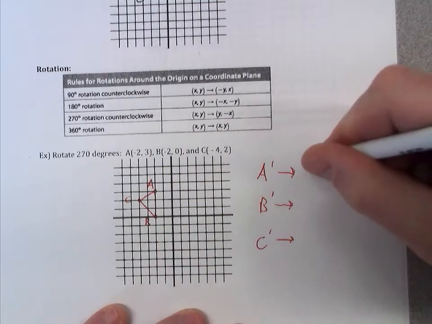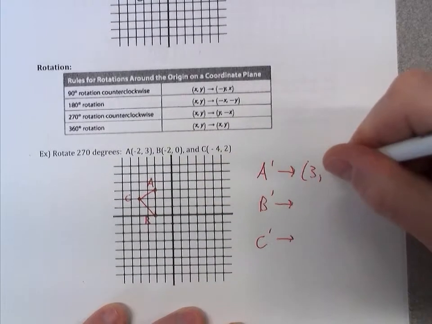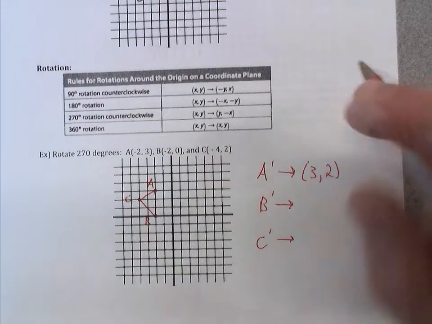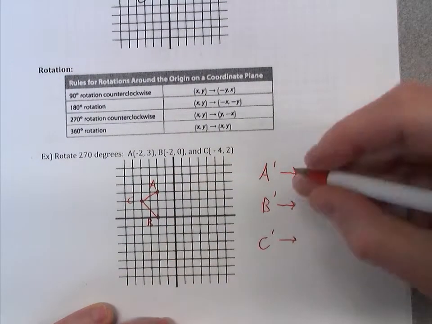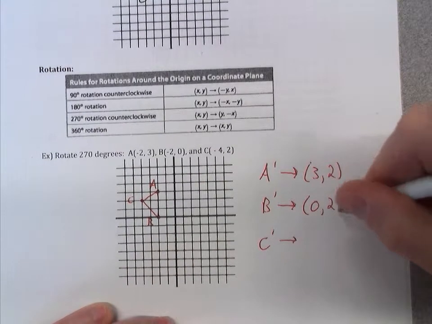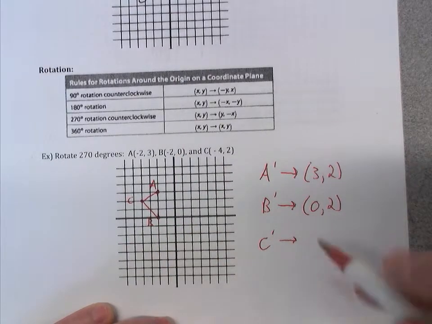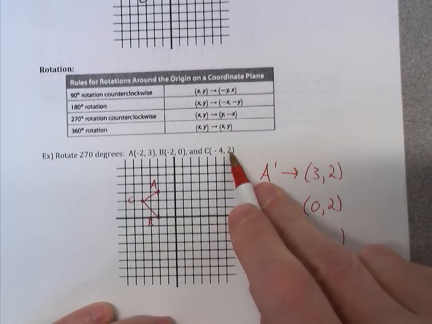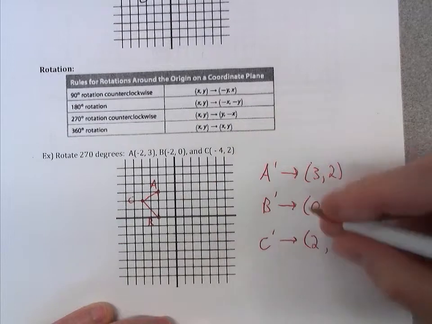So our new values are going to be 3 and 2. That's our new A value. And then B, again, x and y switch places, and x becomes negative. So -2, 0 is going to switch to 0, 2. And for the final one, -4, 2, those are going to switch places, and x becomes negative, so 2, 4.